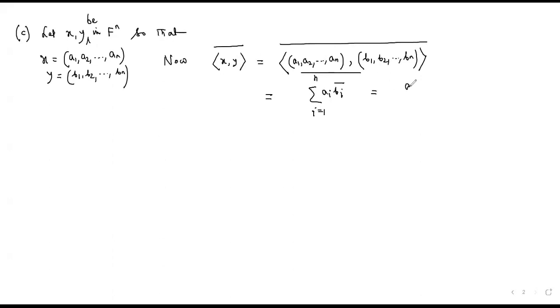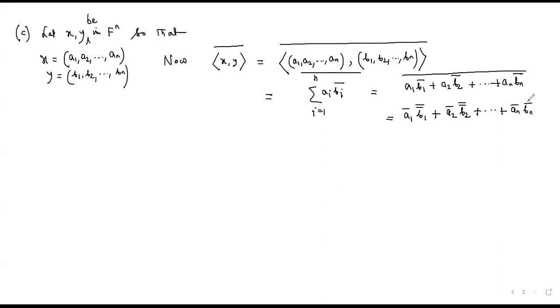What is this? This is A1 B1 bar plus A2 B2 bar plus dot dot dot plus AN BN bar, whole bar. What is this? This is A1 bar B1 bar bar plus A2 bar B2 bar bar plus dot dot dot plus AN bar BN bar bar.